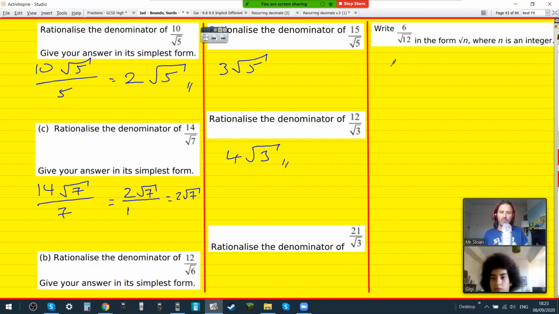Write in the form root n, where n is an integer. So it would be 6 root 12 over 12.